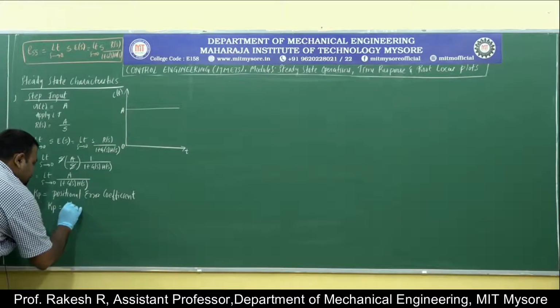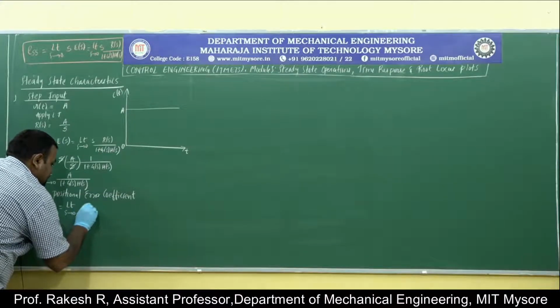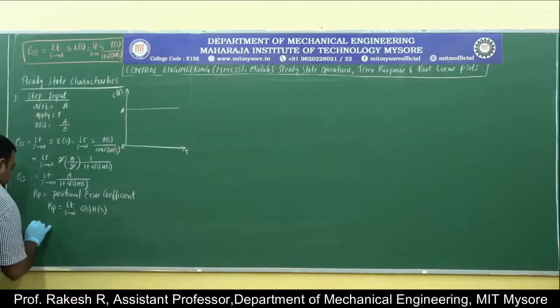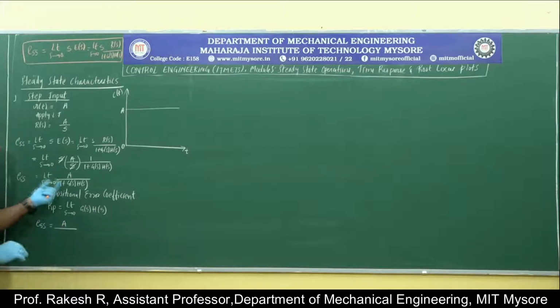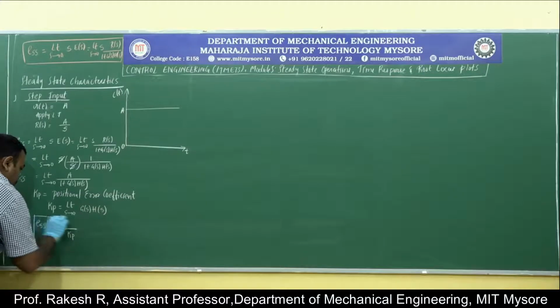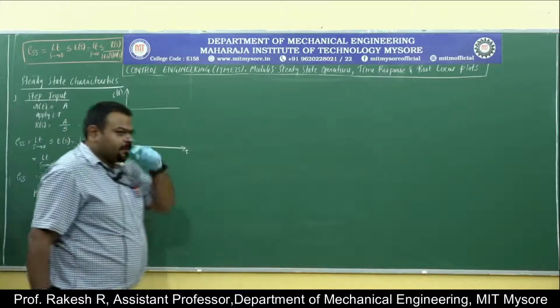So Kp is limit of S tends to 0 of G of S into H of S. So finally the steady state error will be equal to A divided by 1 plus Kp, where Kp is a constant. So this is the steady state error for step input.